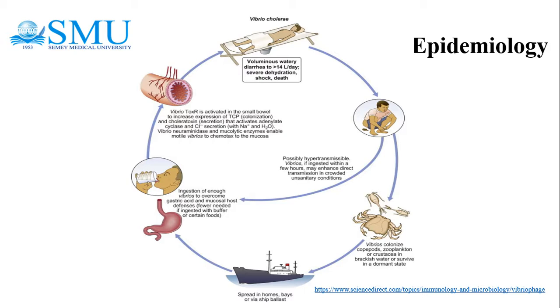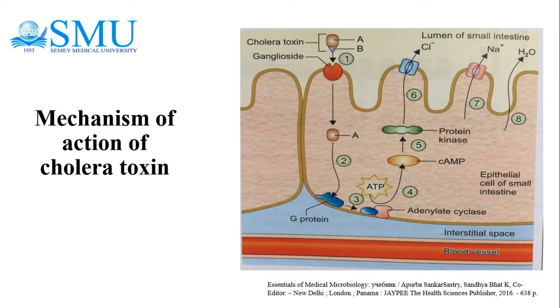Vibrio neuraminidase and mucolytic enzymes enable motile fibers to chemotax to the mucus. And the next process is voluminous watery diarrhea, severe dehydration, shock, and death. And the mechanism of action of Vibrio cholerae toxin is presented on this slide.